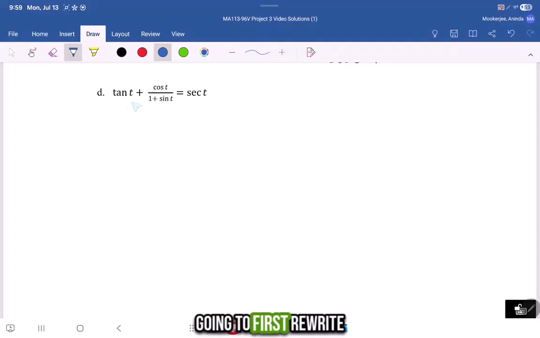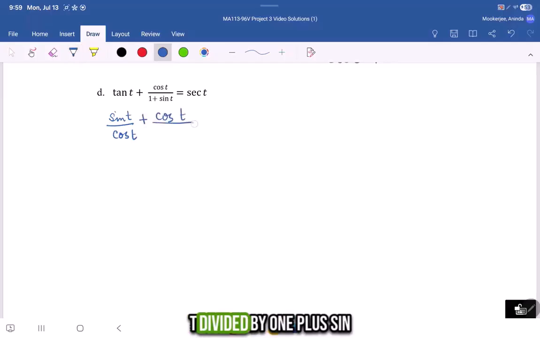However, I'm going to first rewrite tan t in terms of sine and cos using the quotient identity. Using the quotient identity, tan can be written as sine t over cos t, and then we have for the second term cos t divided by 1 plus sine t.